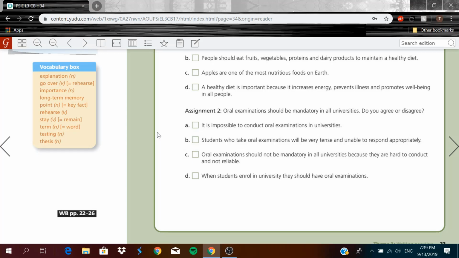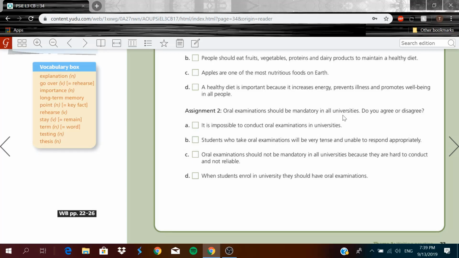So for me personally, I'd say that oral examinations should not be mandatory in all universities simply because they are hard to conduct and simply not as reliable as written examinations, right? If you combine them both, then that makes for better results, okay? So again, read the assignment. Oral examinations should be mandatory in all universities.